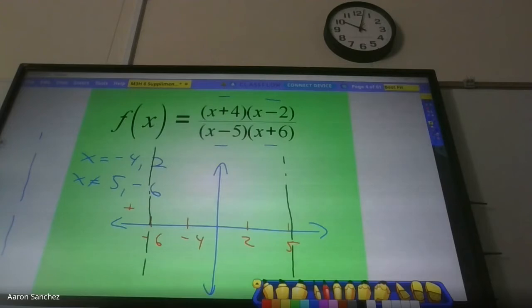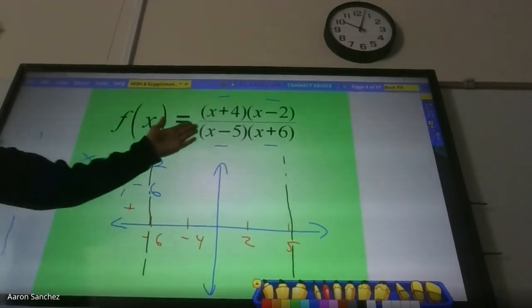The bottom of the equation? Yes. Because you can't have the denominator be 0. So if I plugged in 5 there, 5 minus 5 is 0, so I can't have x equals 5. So yes, the asymptotes will always come from the denominator because they can't equal 0 here.